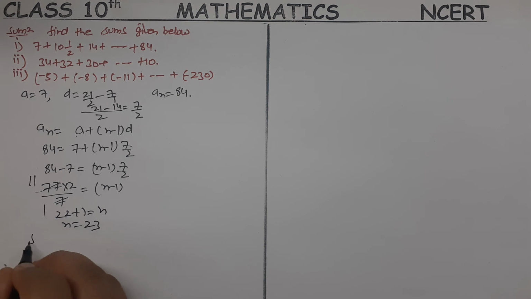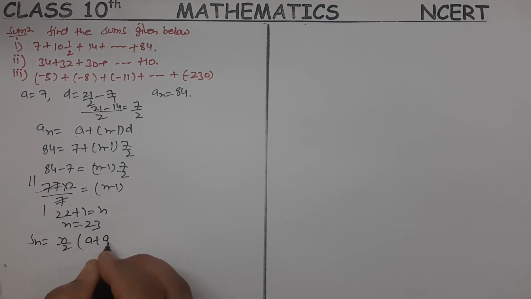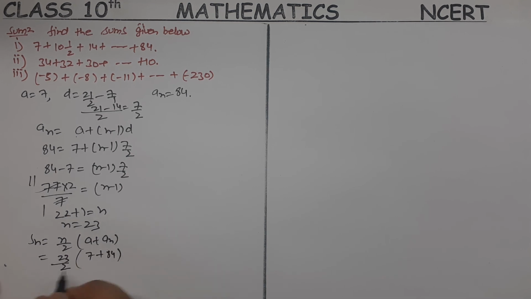Now apply the formula of Sn: n by 2 into (a plus an), that is 23 by 2, a is 7, an is 84, 23 by 2 into 91. Multiply. After the multiplication and solving, this one is the answer.